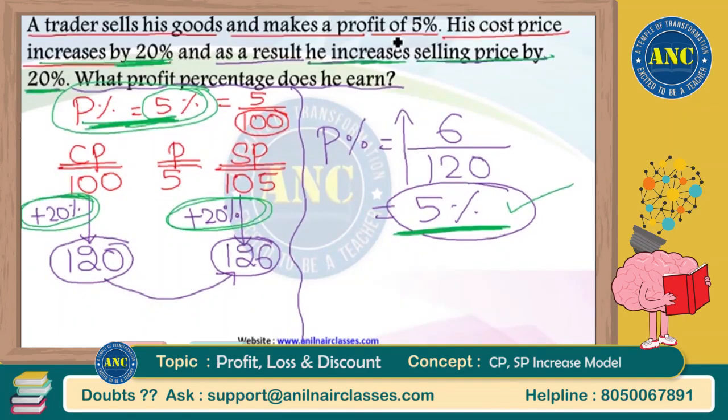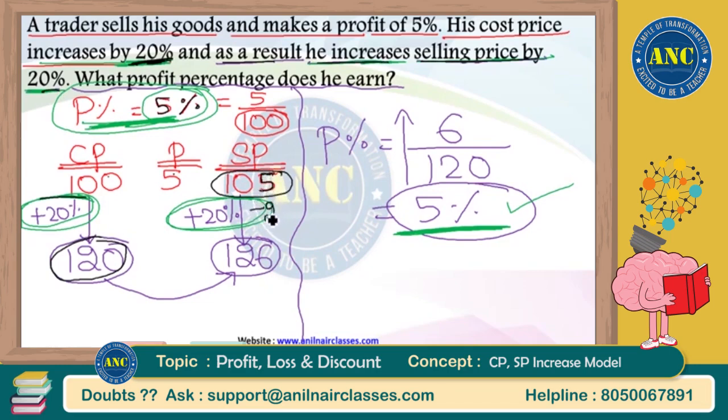Last point is, now for all the people who did not understand, fast repetition. 5% profit means on 100, 5 rupees increase, 105. Cost price increases by 20%. It became 120. And as a result he increases the selling price by 20%. What is 20% of 105?